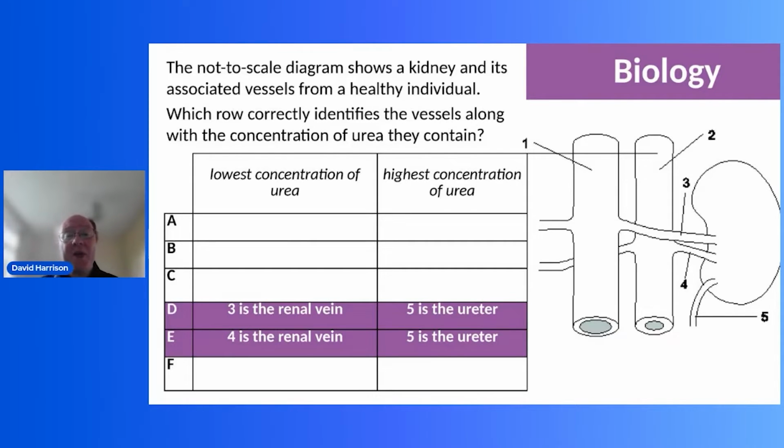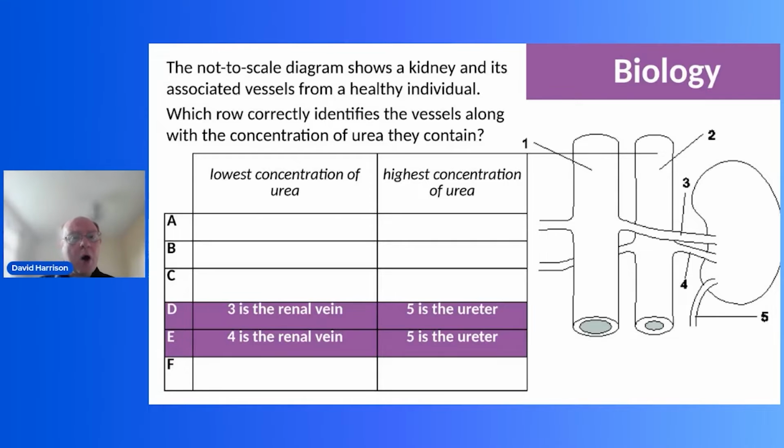But here, how do we actually decide between D and E? Well, if we start looking at the first column, option D is saying that 3 is a renal vein, and option E is saying that 4 is a renal vein. If we look at the diagrams, 3 and 4 connect up to 1 and 2.